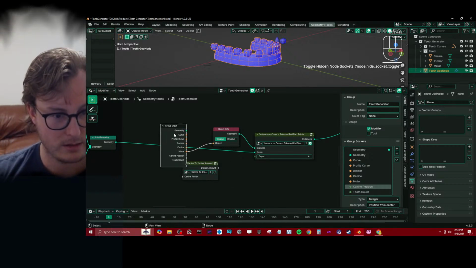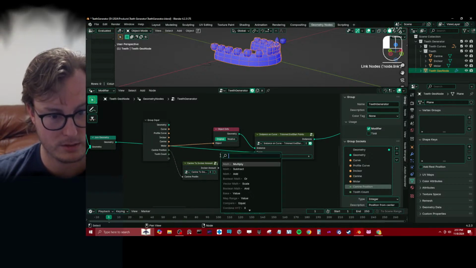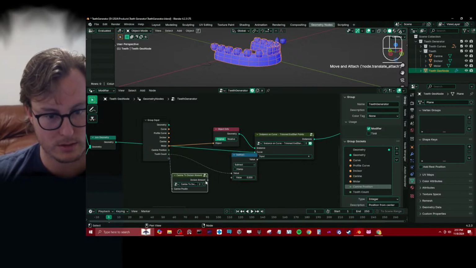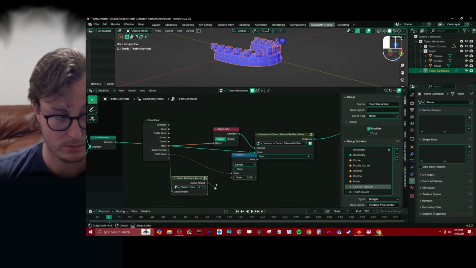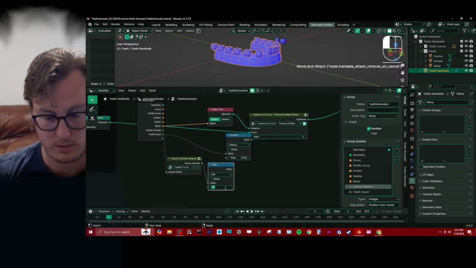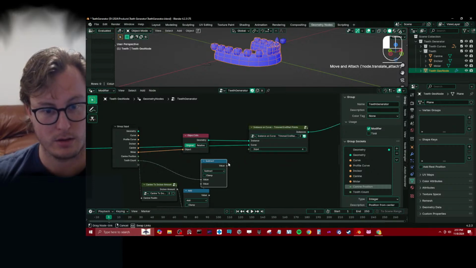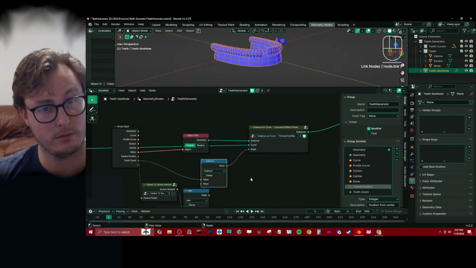We take the tooth count and we subtract this amount plus 2. And that should be our molar input.